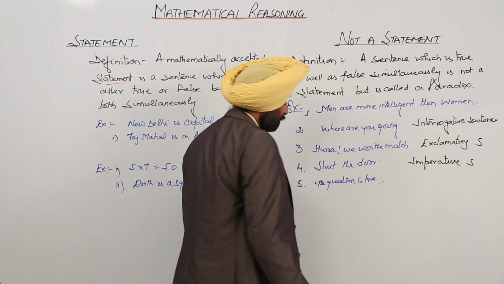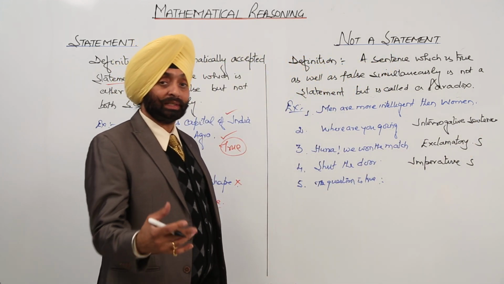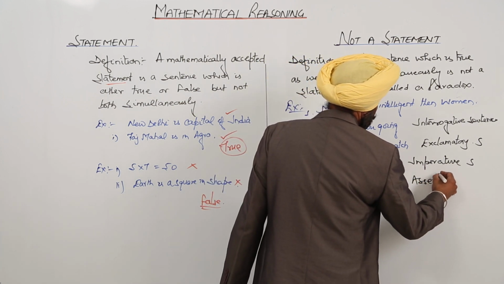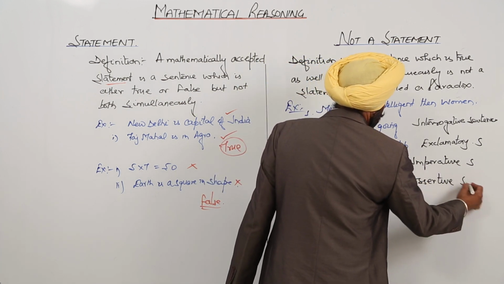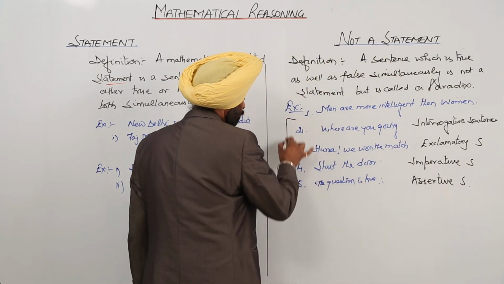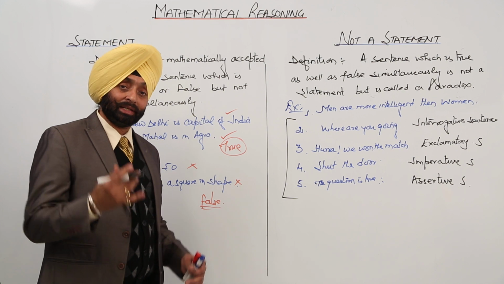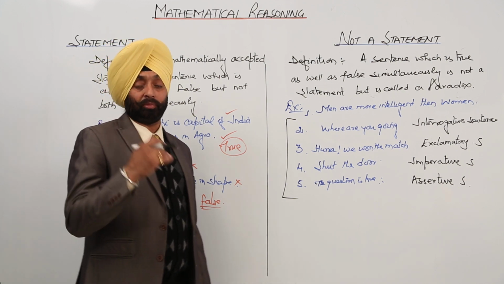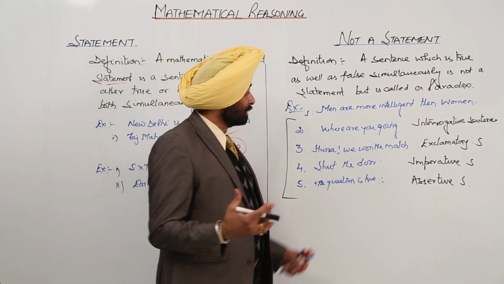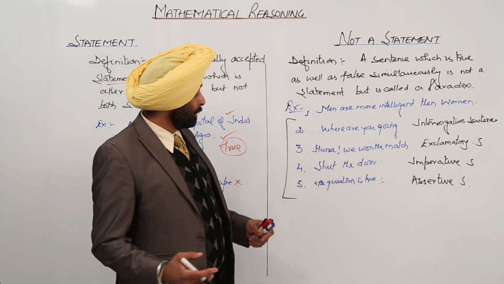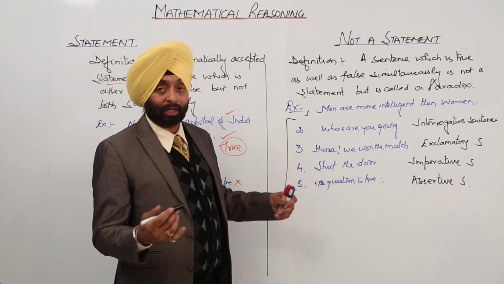Okay, and then the question, true or false, assertive. So for all these 4 written examples, these are sentences, but these are not statements. We can't tell that they are true or they are false.